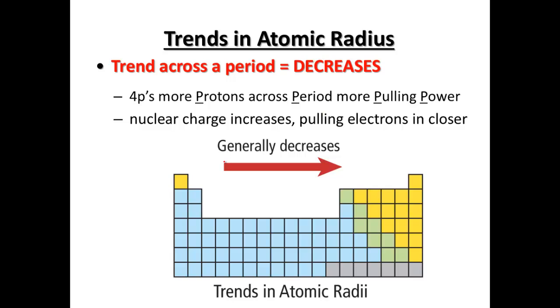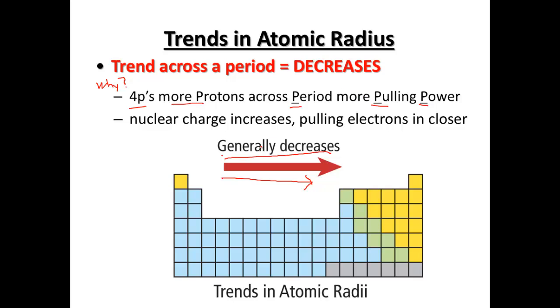Now, as we go across the periodic table, what you're going to write at the bottom of your page is that it generally is going to decrease as you go across the periodic table. And the reason for that is our 4 P's: more protons, or across the period, you get more pulling power.